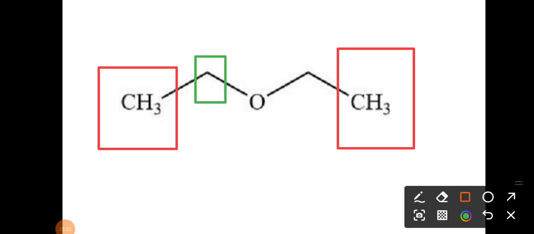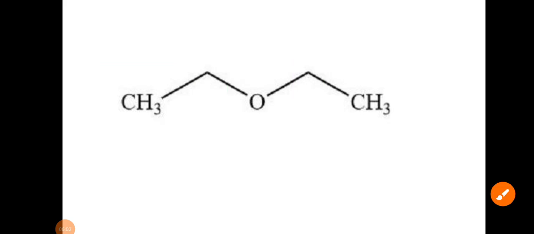These two CH2 groups are also chemically and magnetically equivalent, so they give only one peak. So the CH3 gives one peak and the CH2 gives the second peak. Similarly here, that is 1 and that is 2. So the 2 CH3 and 2 CH2 give only two peaks in the proton NMR spectra.